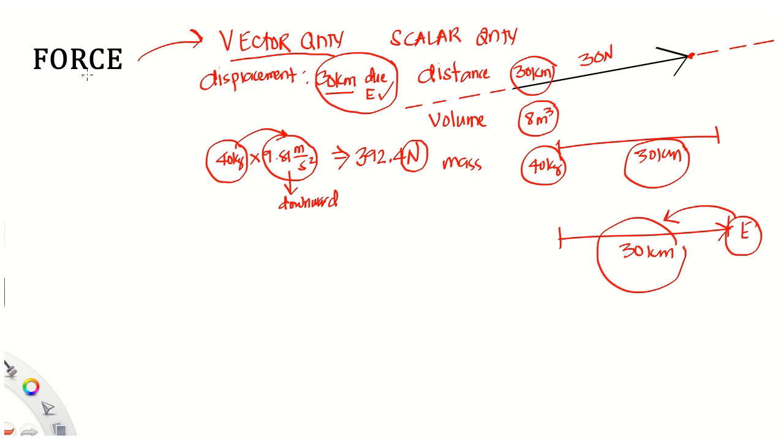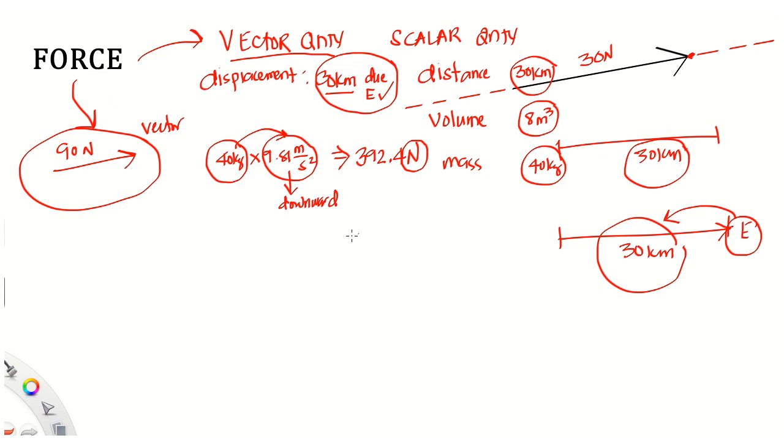That's why force, as in our example previously, most of the forces that we have thrown, we said 90 Newton, which means Newton is a vector quantity, therefore these forces are vector quantities. So in other words, forces are vector quantities.